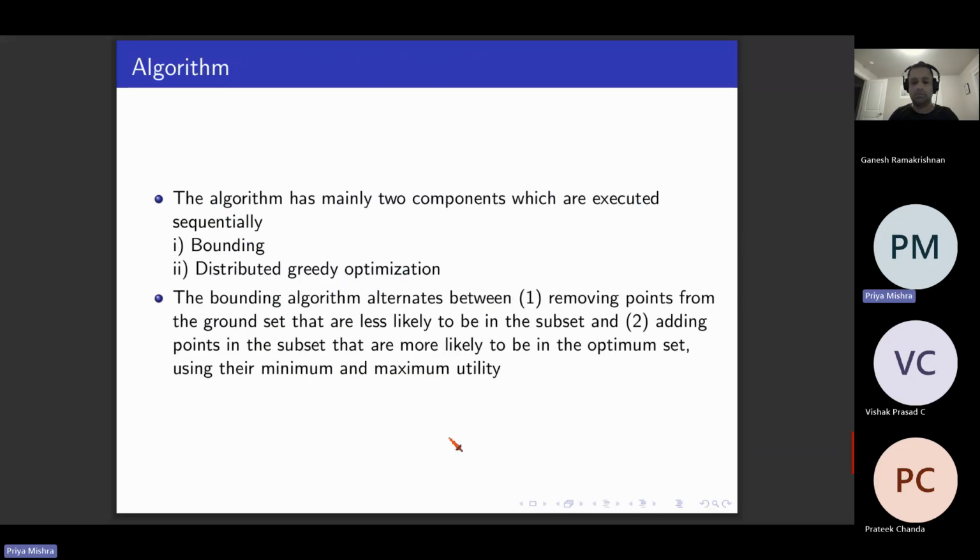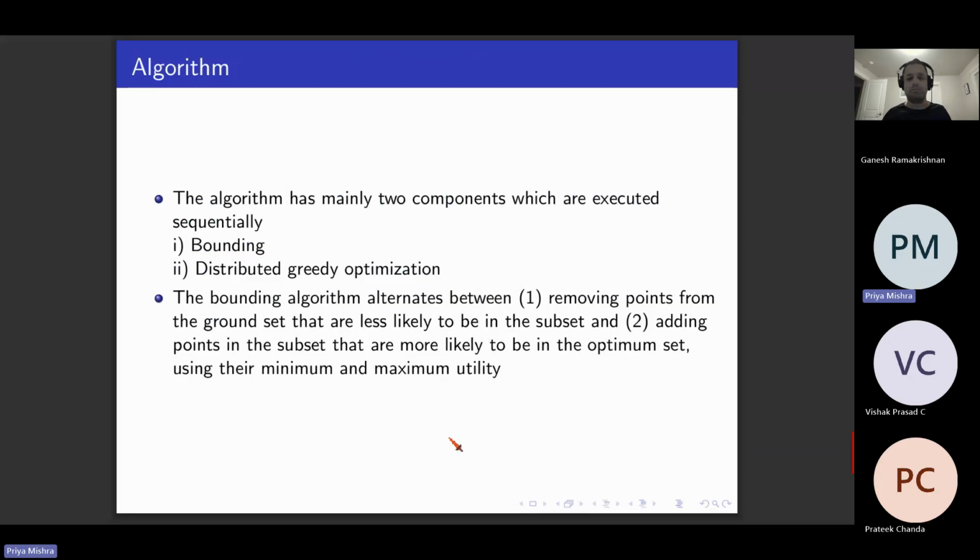In the bounding algorithm, there are two steps known as the grow step and the reduce step. It iterates between these two steps until the subset which we need and the original data set converge.